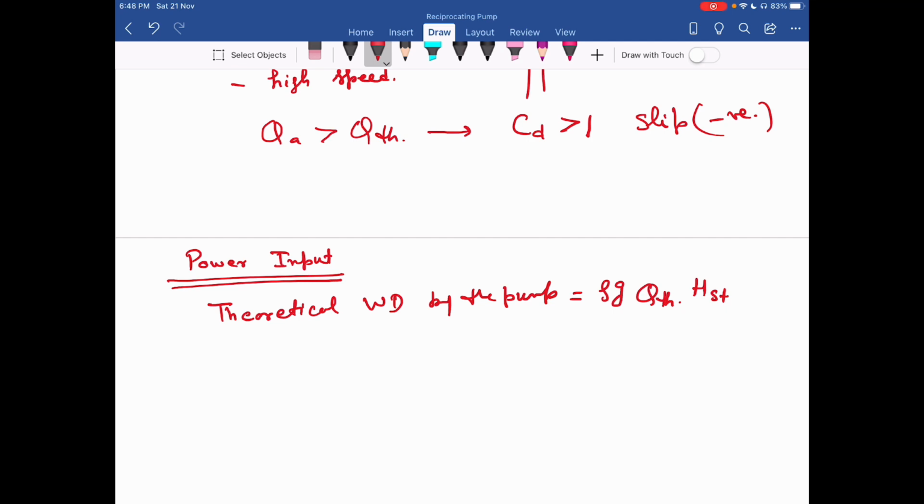This is the formula for a single acting reciprocating pump. My HST I can write as suction head plus delivery head. Then this formula I can again write as rho g, and my QTH for a single acting pump is ALN divided by 60, into HS plus HD.